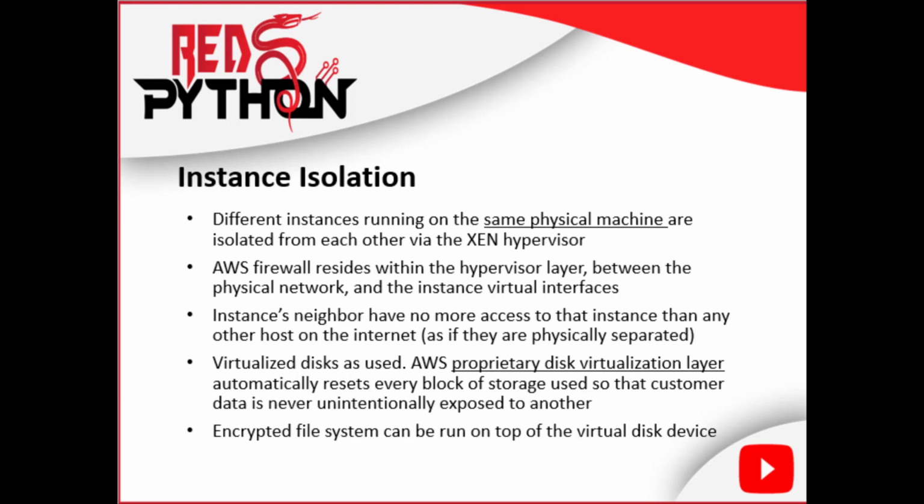AWS firewall resides within the hypervisor layer, between the physical network and the instance virtual interfaces. Instance neighbors have no more access to that instance than any other host on the internet. Virtualized disks are used, proprietary to AWS, and EFS, encrypted file systems, can be run on top of the virtual disk device.